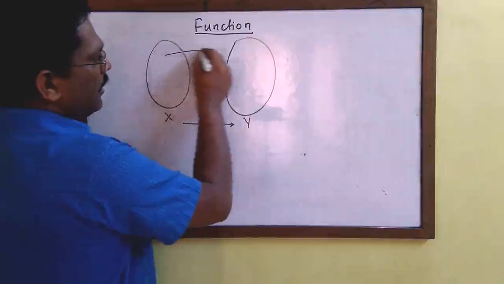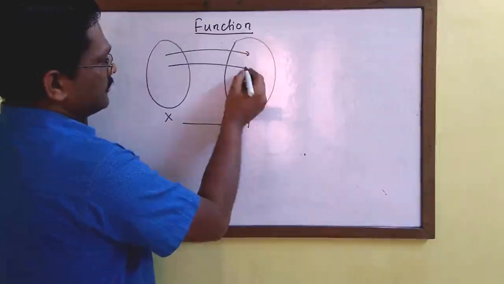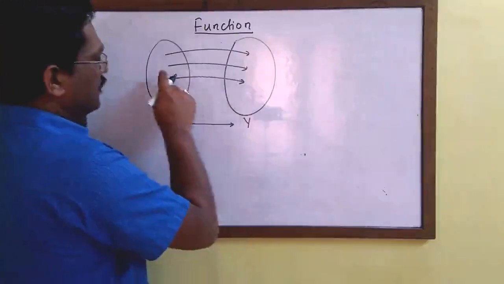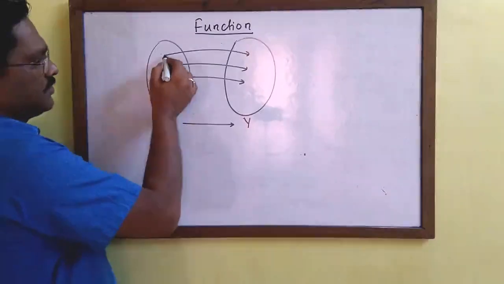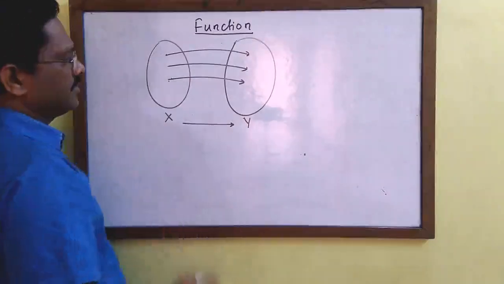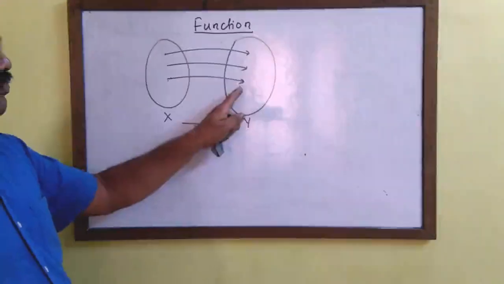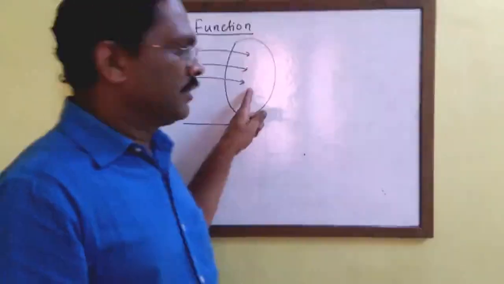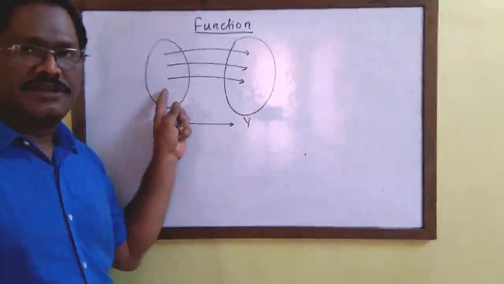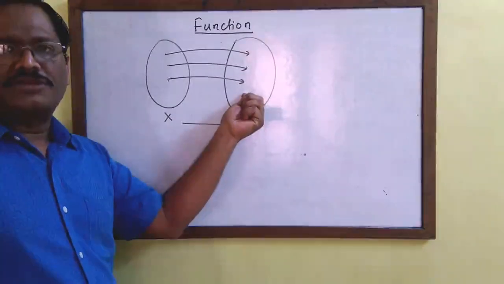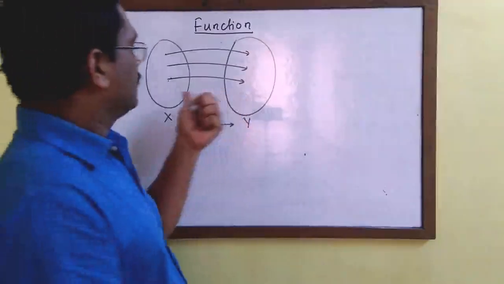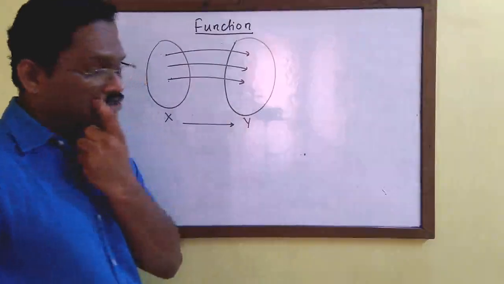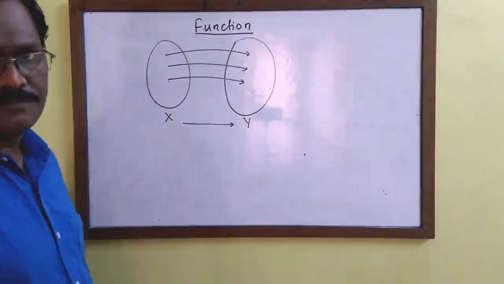So if I have a mapping like this, such that every element present in set x is uniquely associated with an element of y. Every element of set x has a unique image in set y. So then the relation that is obtained will be called a function.